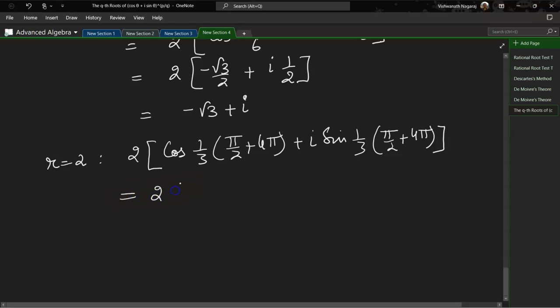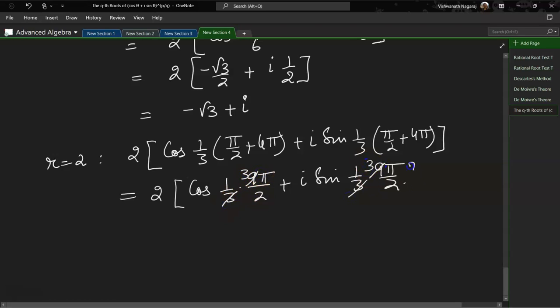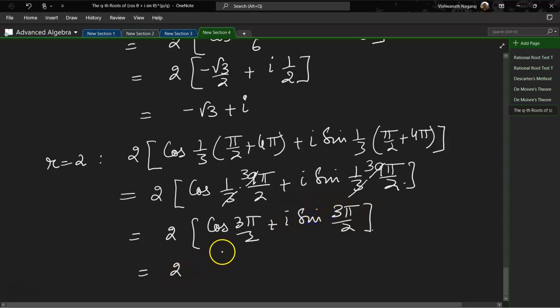Let's simplify this. 2 times cos 1 by 3 times 9 pi by 2 plus I sine 1 by 3 times 9 pi by 2. So 3 threes, 3 threes. We get 2 times cos 3 pi by 2 plus I sine 3 pi by 2.